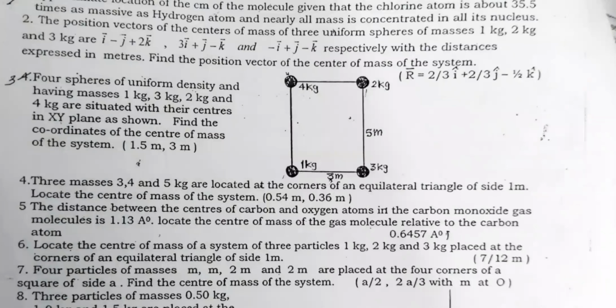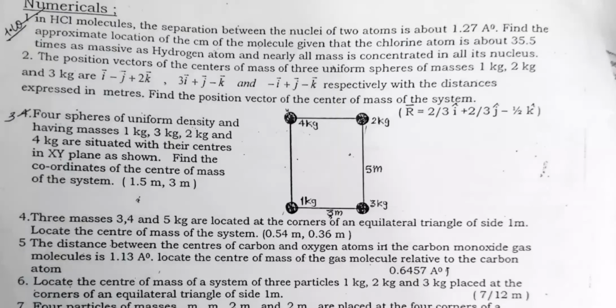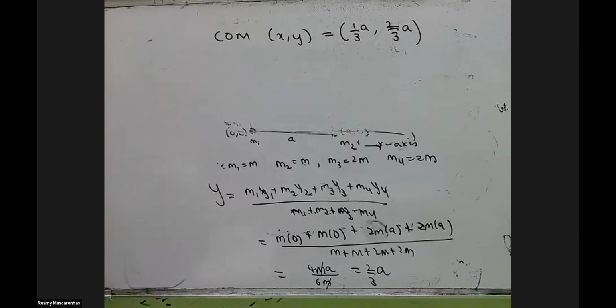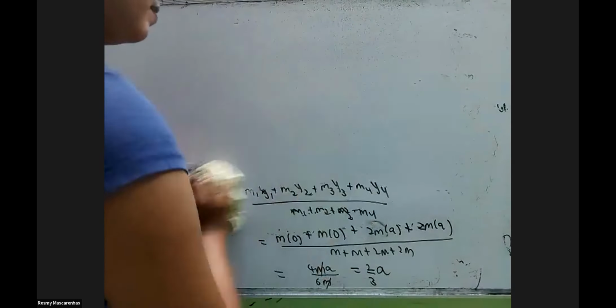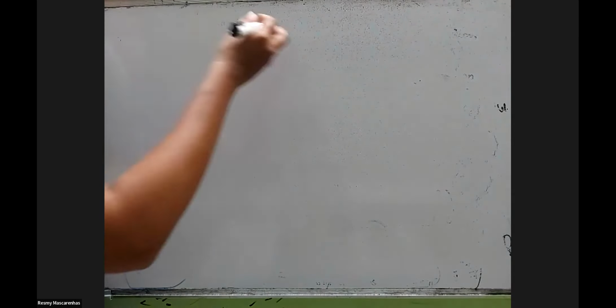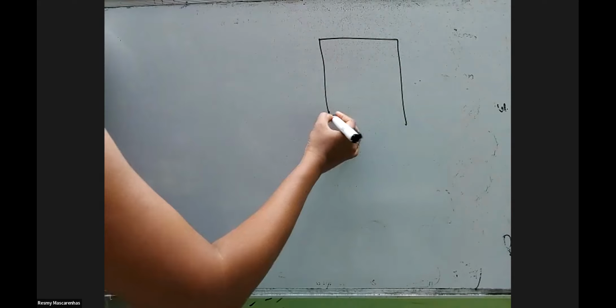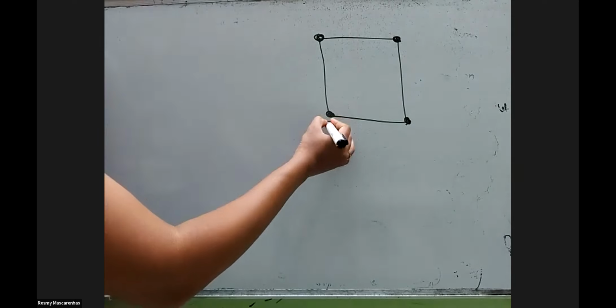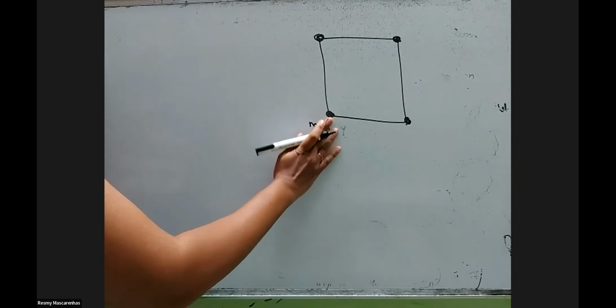So same way now we'll solve question number 3. It's not a square, but now they have given the distance. So I'm solving question number 3. I'll just draw the diagram. M1 is 1 kg.